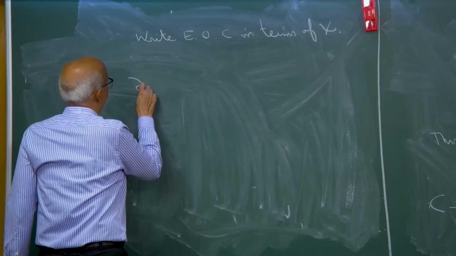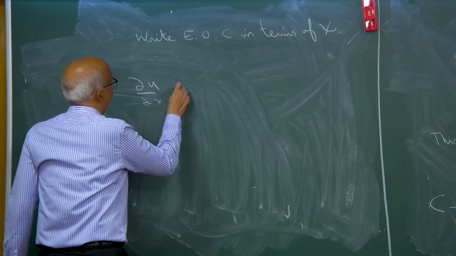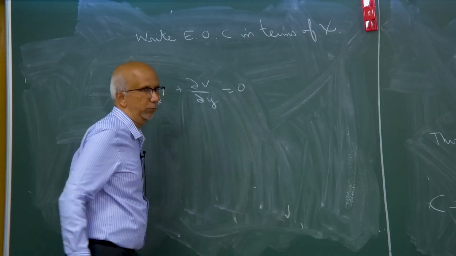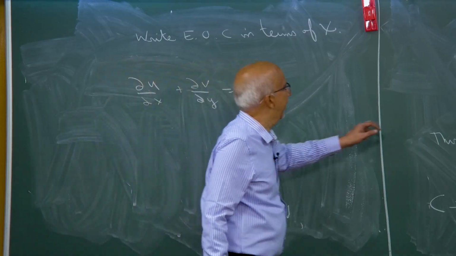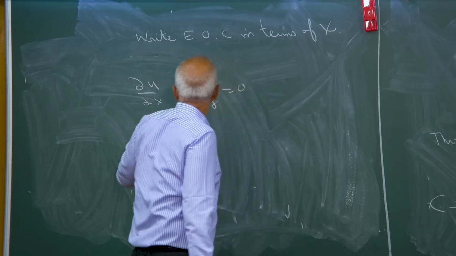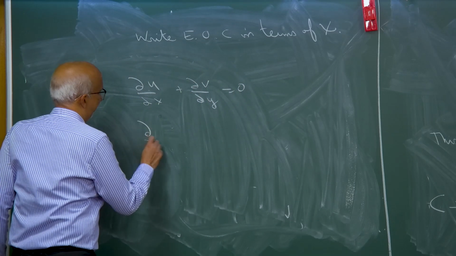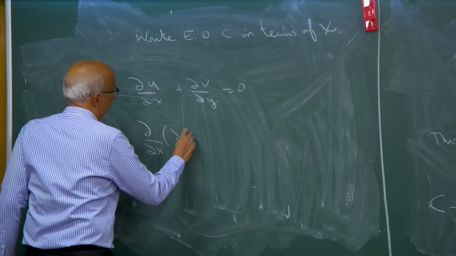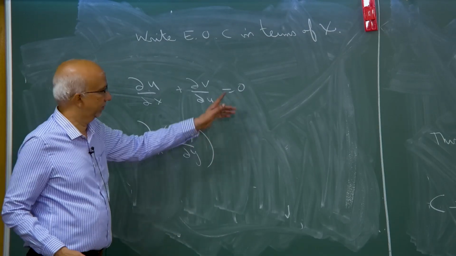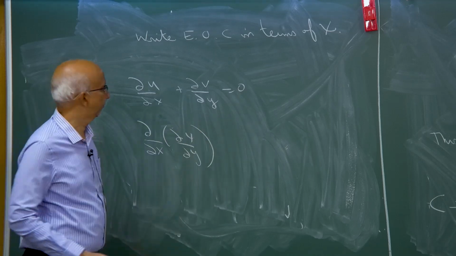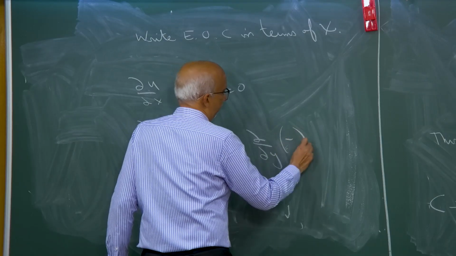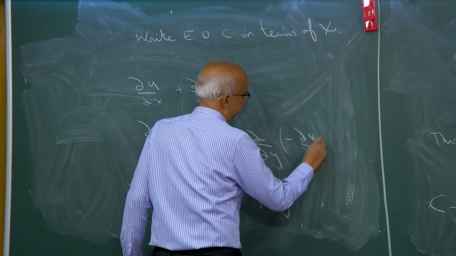So, I have du by dx plus dv by dy equals 0. That is my continuity equation. Okay? And u was d psi by dy. So, I am going to write d by dx of d psi by dy, correct? Plus d by dy of, what is v? Minus d psi by dx.